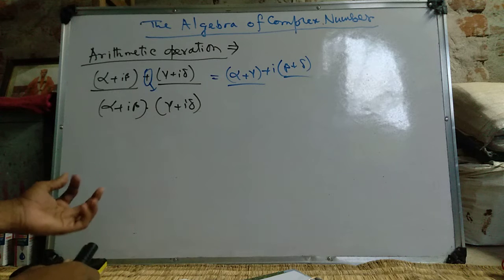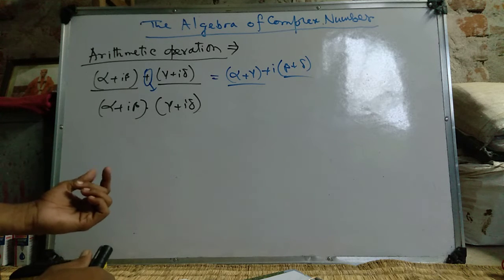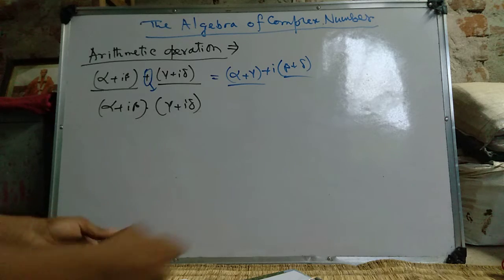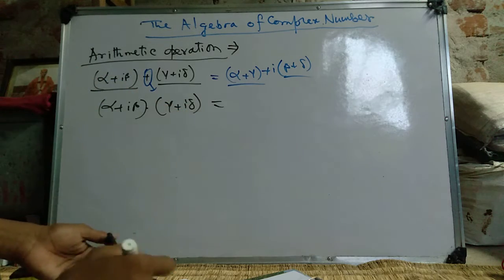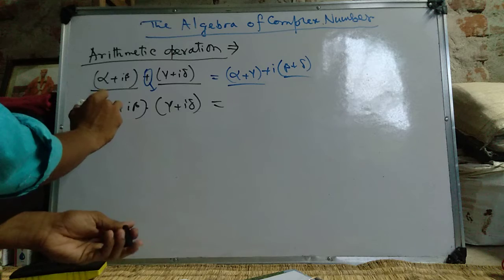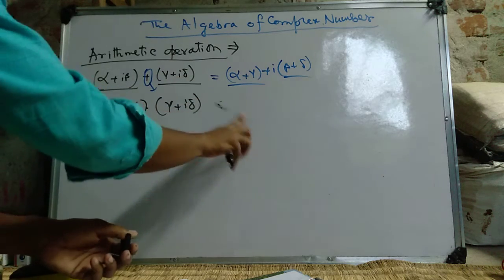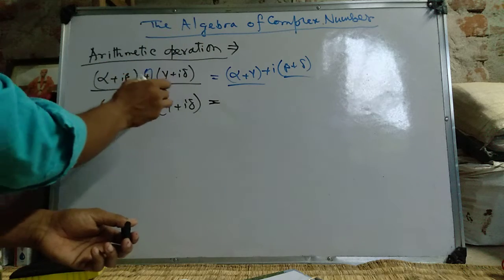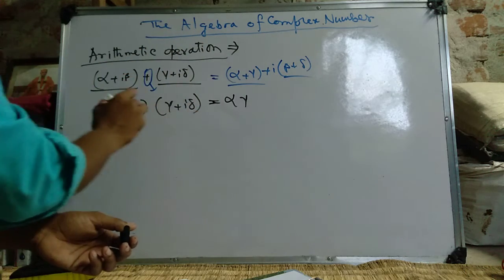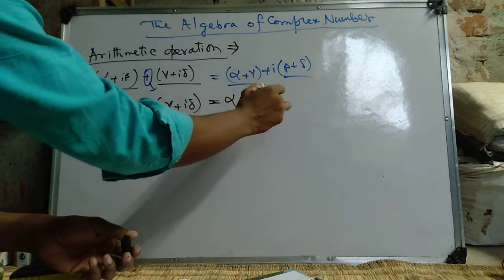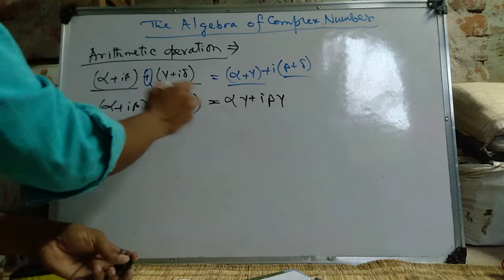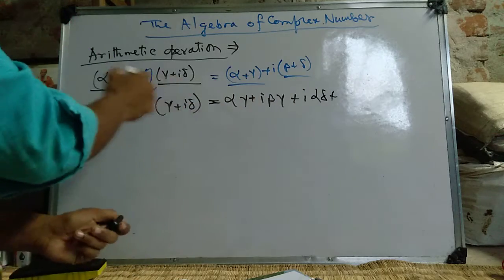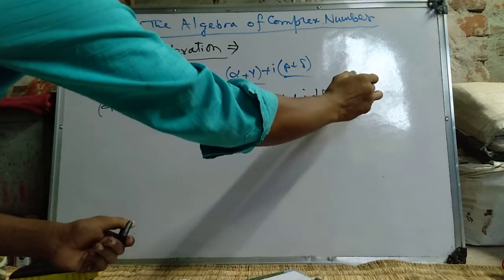How do we multiply these two complex numbers? We multiply them and then check how each term is multiplied: alpha gamma, plus i beta gamma, plus i alpha delta, plus i squared beta delta.